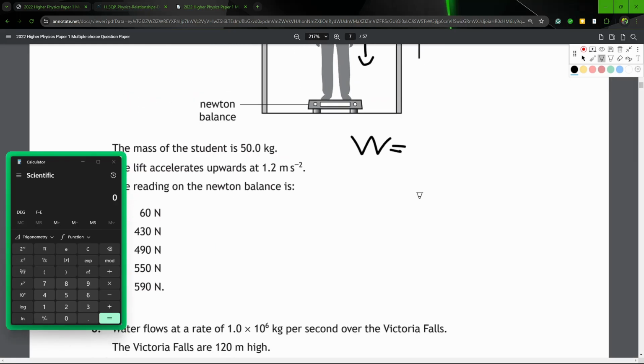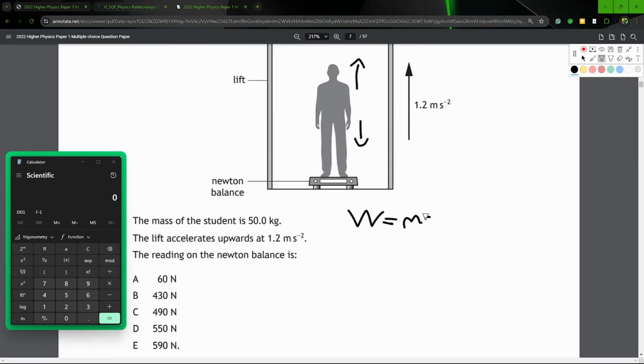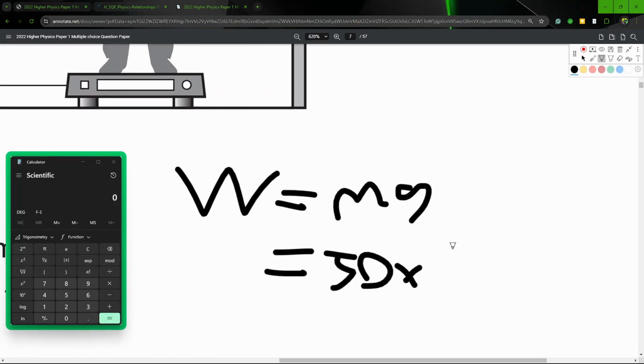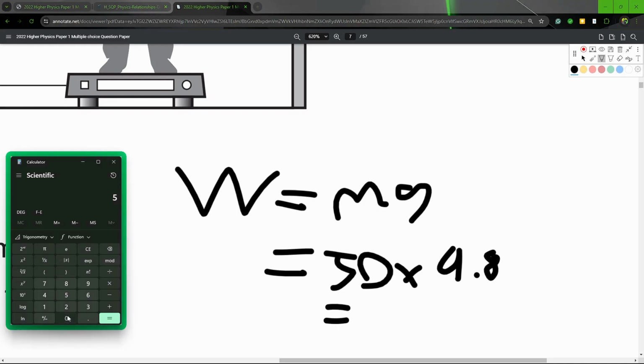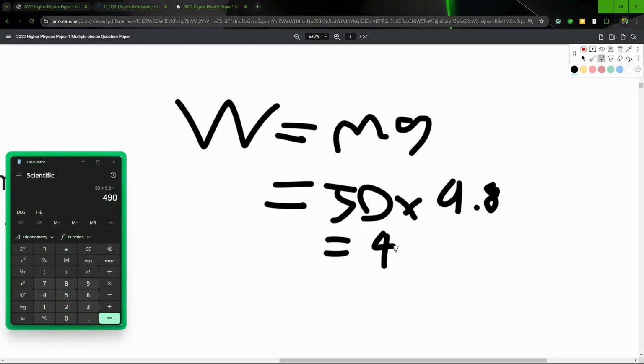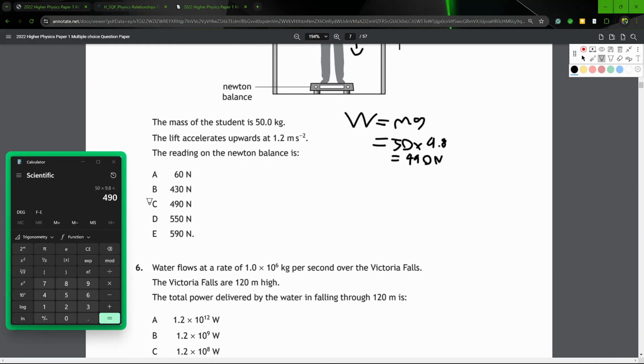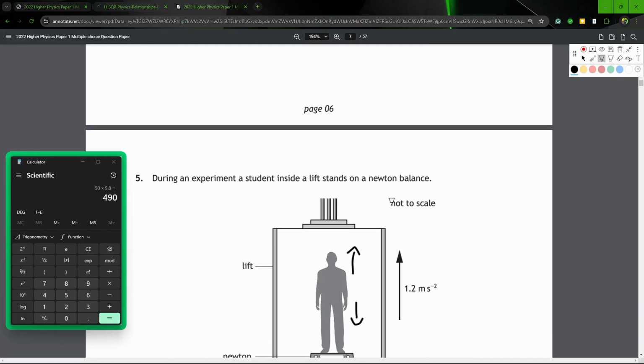So their weight if they were just standing in a regular environment, not on a lift, would obviously use 9.8 because we assume they're on Earth. There's not many students in space, I hear. So what do we get if we do that? We get 490. So this will allow us to eliminate C. It can't be 490 because it's in a different environment.